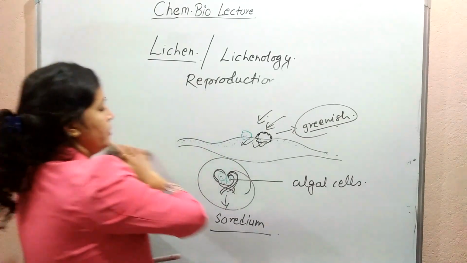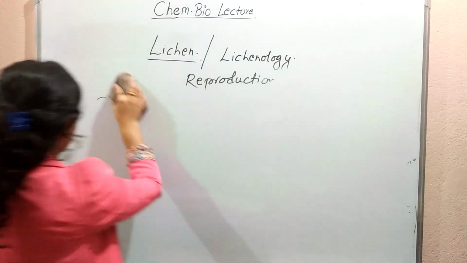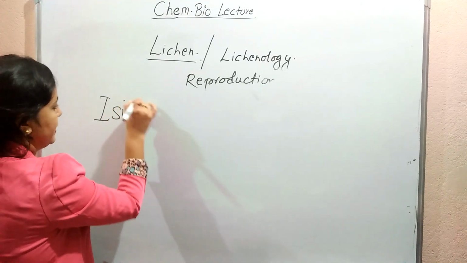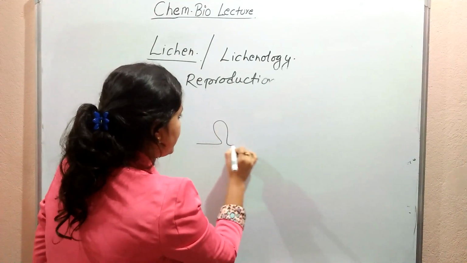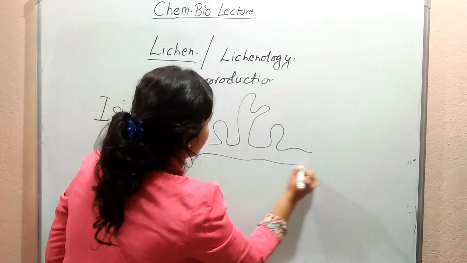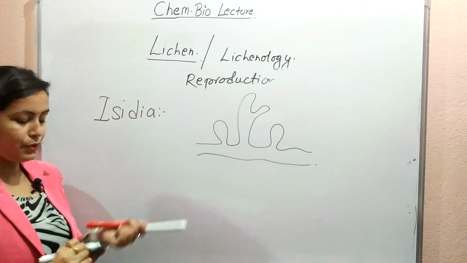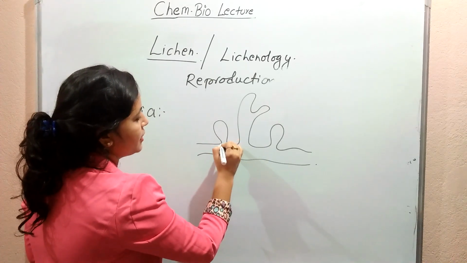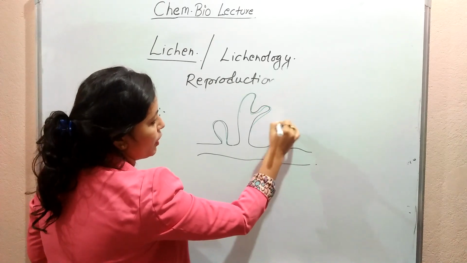Now let's see isidia. How does lichen reproduce by the formation of isidia? Isidia are more or less similar to soredia. They are a kind of tubular growth; they may be branched or unbranched.